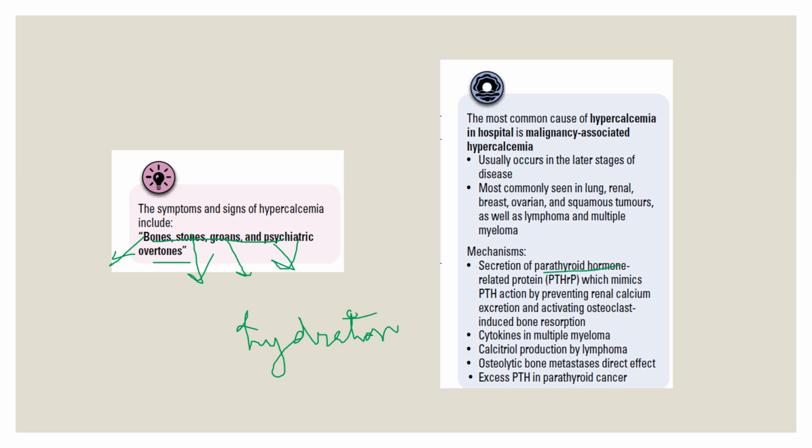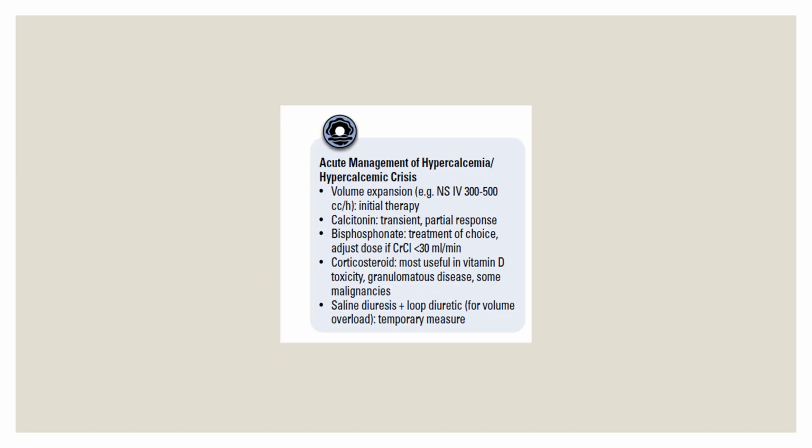In multiple myeloma, it is by cytokines. In lymphoma, it is by production of calcitriol. And osteolytic bone metastasis have a direct effect. Excess PTH is seen in parathyroid cancer, mainly related with MEN syndrome also.